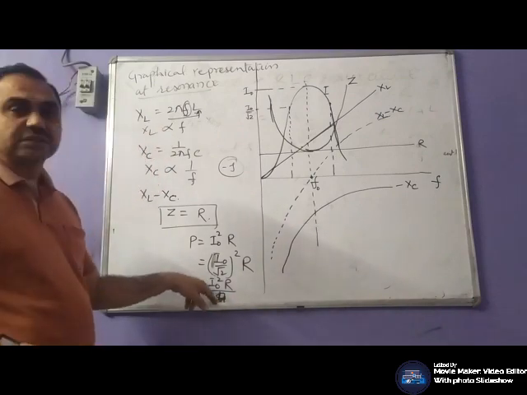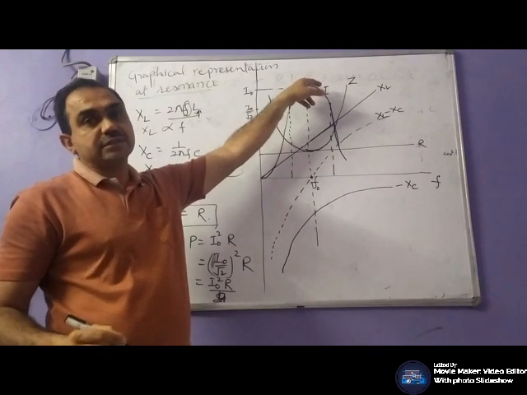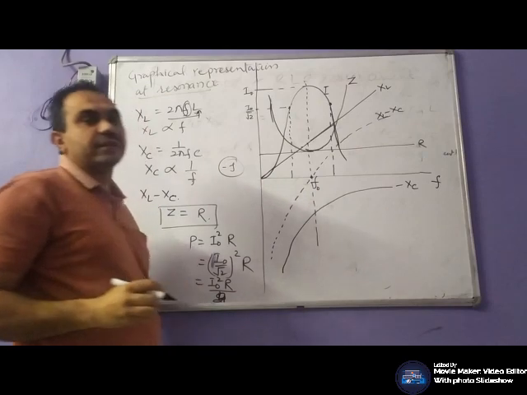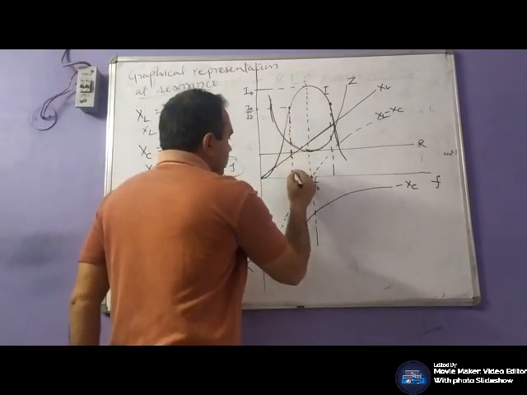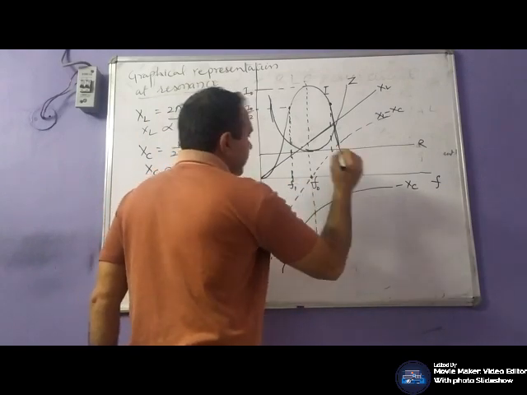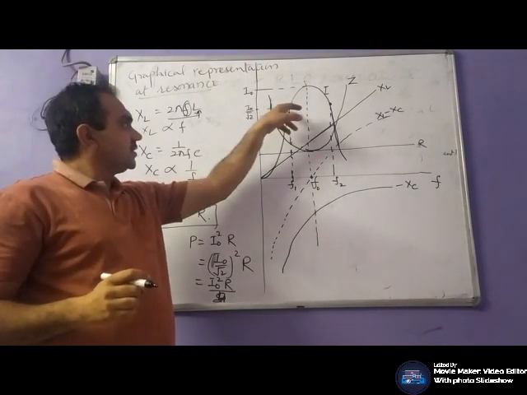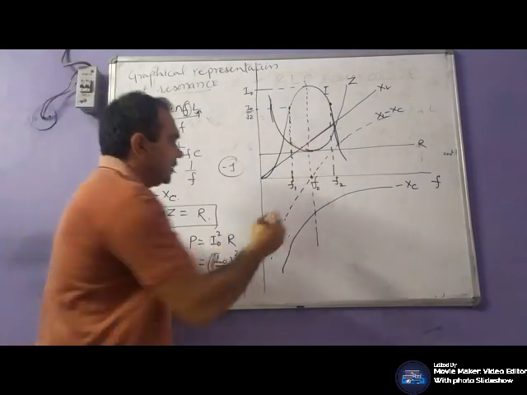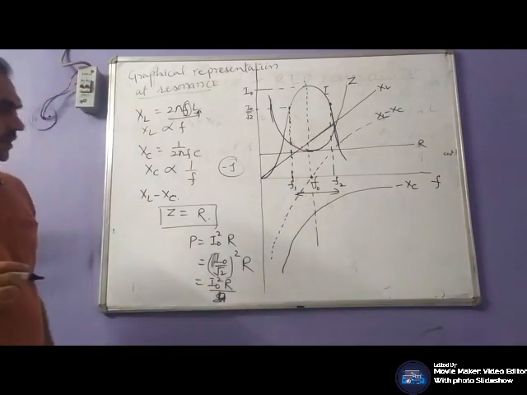So power becomes half in comparison to power at resonance. So these points are known as half power frequency points, and these points may be denoted by F1 and F2. Frequency at which your power becomes half, and the band of this frequency is known as bandwidth.